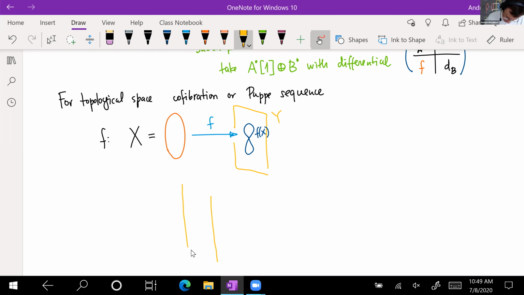We can consider the mapping cylinder of this f. I take a cylinder over X and glue it to Y along the image of the map.